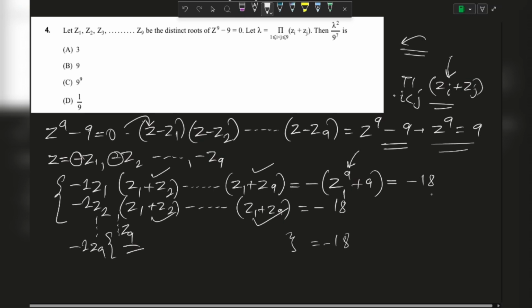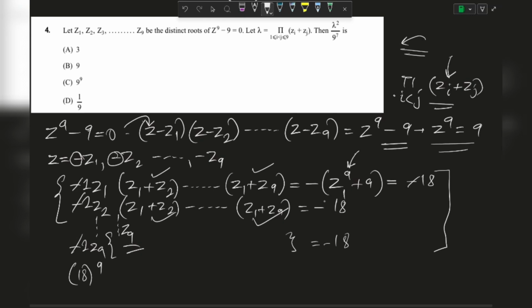We will multiply all these 9 equations together. So we will basically get 18 power 9, and you can cancel out the minus from each of these equations from the LHS and RHS. So we will first get 18 power 9 on this side, and this is equal to 2 repeated 9 times, so 2 power 9.